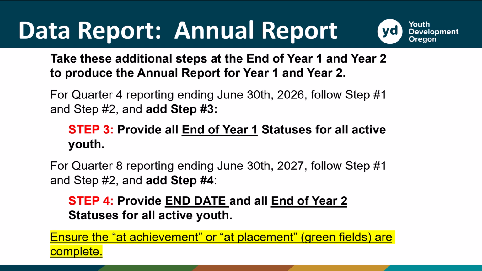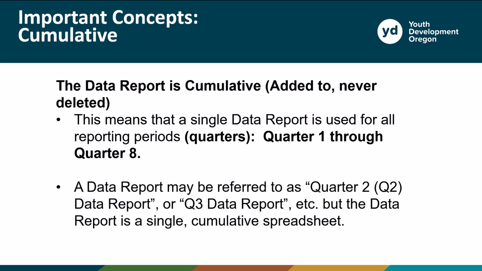Similarly, in quarter 8 reporting, follow steps 1 and 2, and then add step 4. And step 4 is you will provide both an end date and all end of year 2 statuses for all active youth.